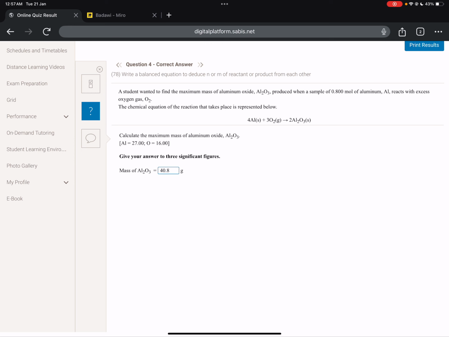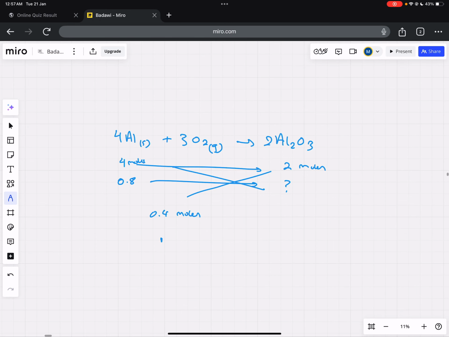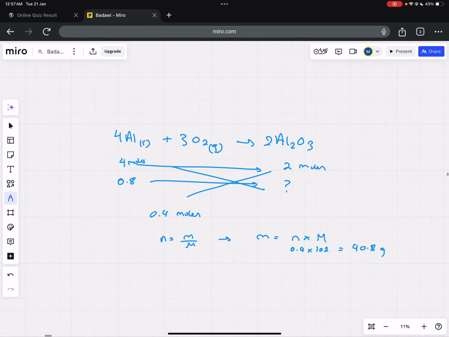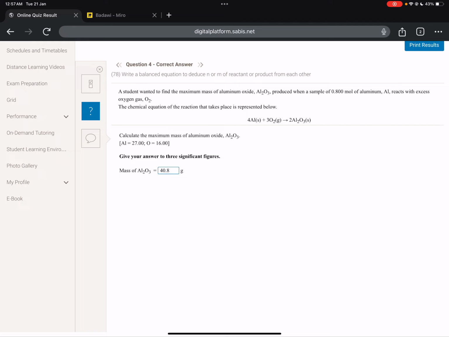Of course not, because they're asking for the mass. So I will write n equals mass over molar mass. So the mass is n times the molar mass. So 0.4 times the molar mass of aluminum oxide, which is 102. So the answer is 40.8 grams. And since they said 3 significant figures, it will remain 40.8. Let's say they said 4 significant figures. 4 significant figures would just be 40.80. Okay?